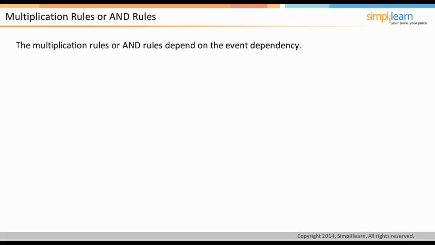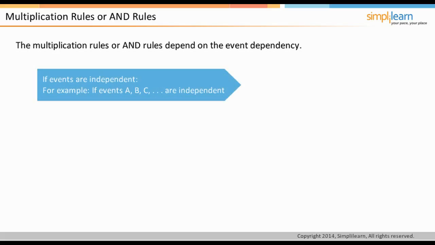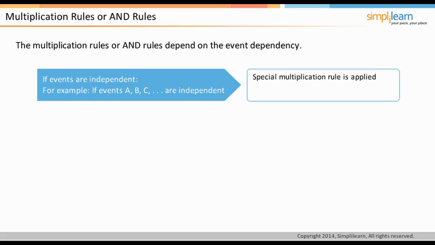In this screen, let us learn about the multiplication rules, also known as AND rules. The multiplication rules, or AND rules, depend on the event dependency. For independent events, that is, if 2 events are independent of each other, the special multiplication rule applies.